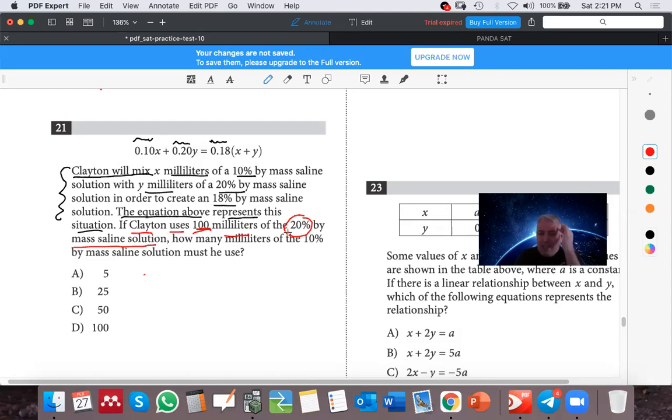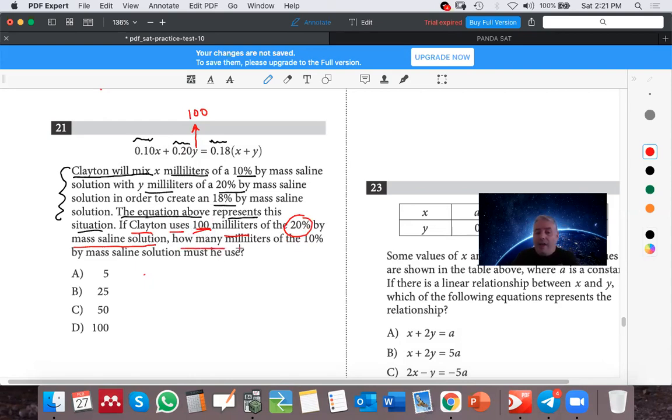Now, 20%, where is it in the equation? Here. So you are using 100 milliliters, so I have to put 100 here. I cannot put it here. Why? In the equation where you have 20%, we are using 100 milliliters.